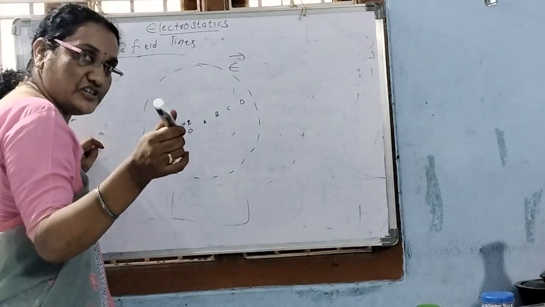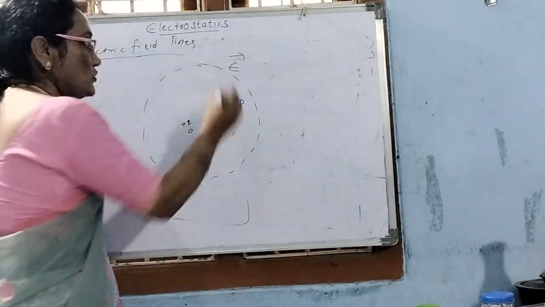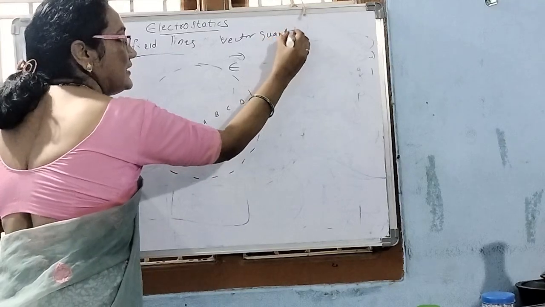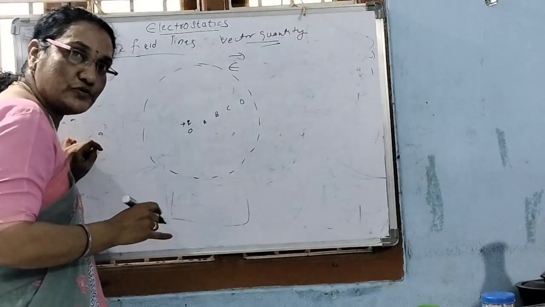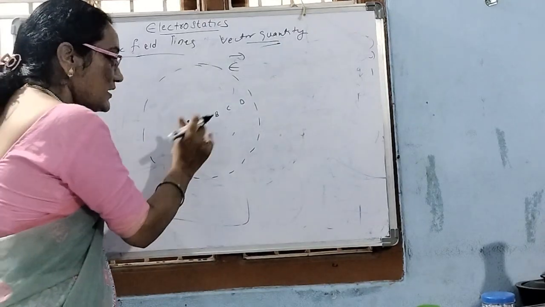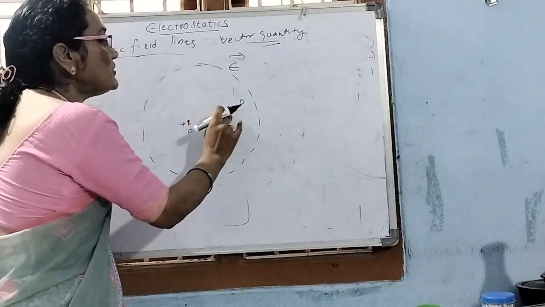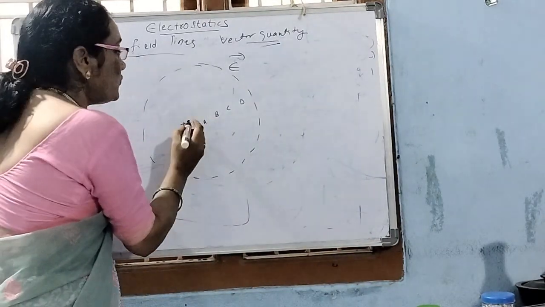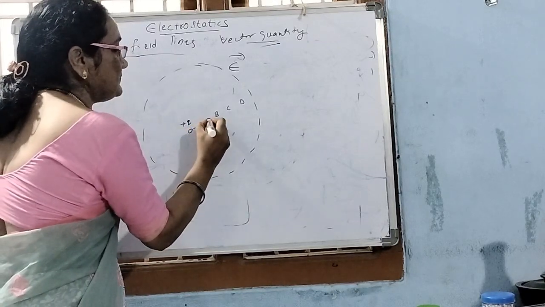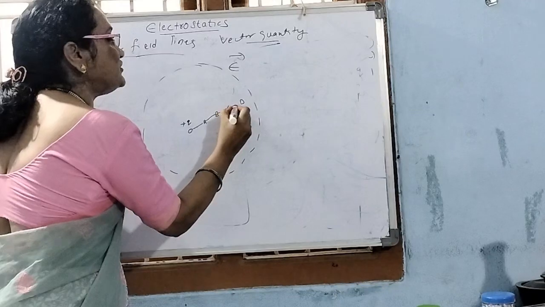Electric field has direction as well as magnitude, so this is a vector quantity. Right? Now it is moving from one place to another place. Now I will trace the path of this charge.